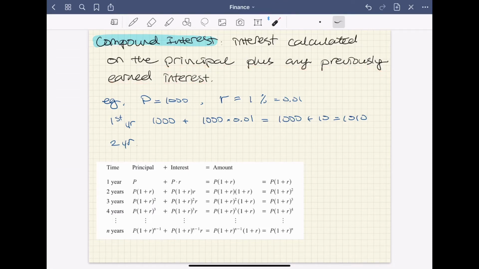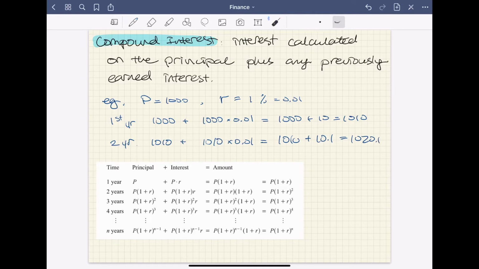So the original principal, 1,000, plus the interest earned will be this one. So 1,010 will be our new principal, 1,010. And the interest is again calculated based on 1,010. So 1,010 times 0.01. And again, times 1, I don't need to write that. So that's 1,010 plus 10.1, which is equal to 1,020.1.